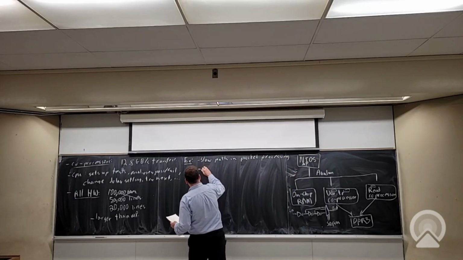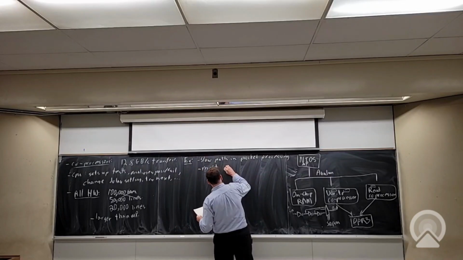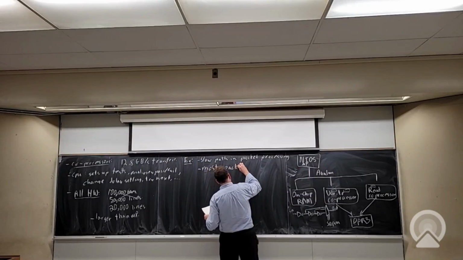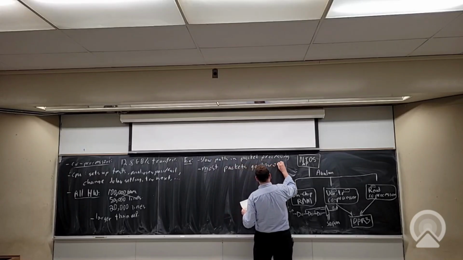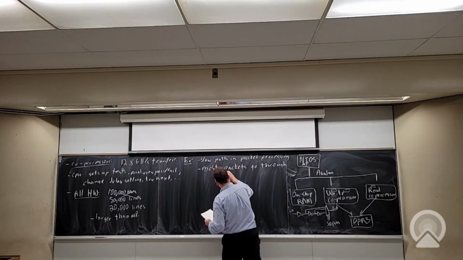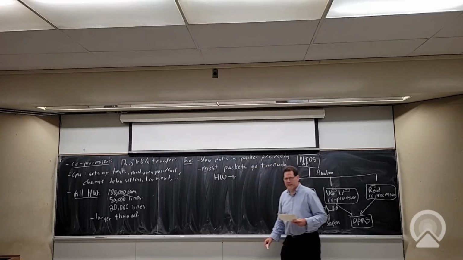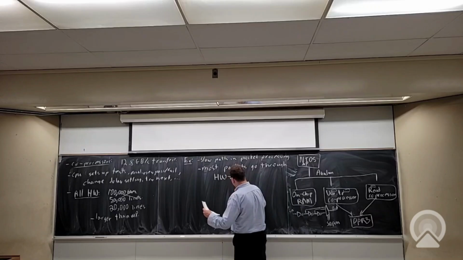So most packets in FPGA systems go through the fast path. Okay, so they just need to be switched to their destination. So they go all hardware. Okay, so they're never touched by any kind of software, and it's the fast path.